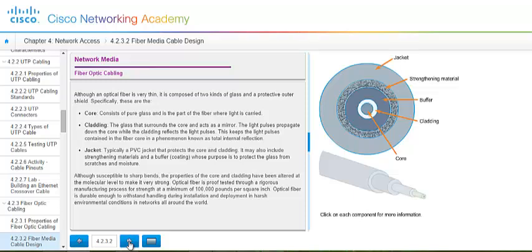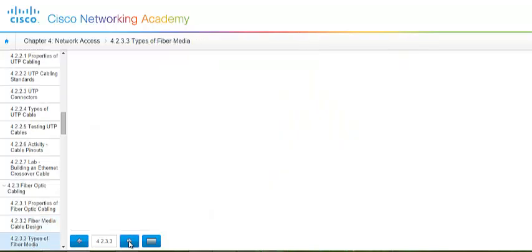This keeps the light pulses contained in the fiber core in a phenomenon known as total internal reflection. Then you have your jacket, and it's typically a PVC jacket that surrounds and protects the core and cladding. It may also include strengthening materials and a buffer or a coating whose purpose is to protect the glass from scratches and moisture.